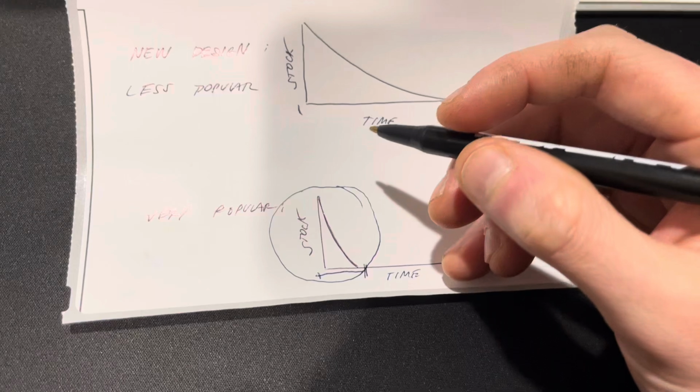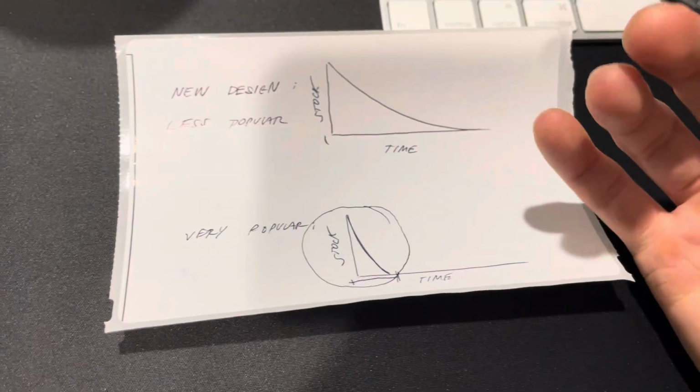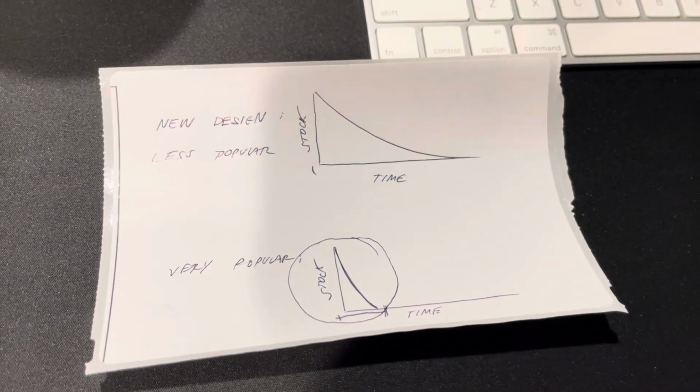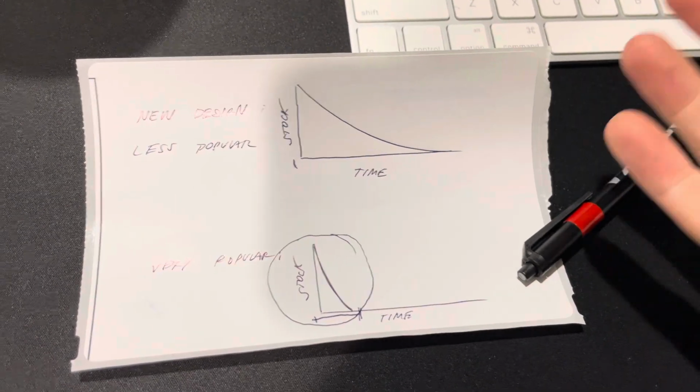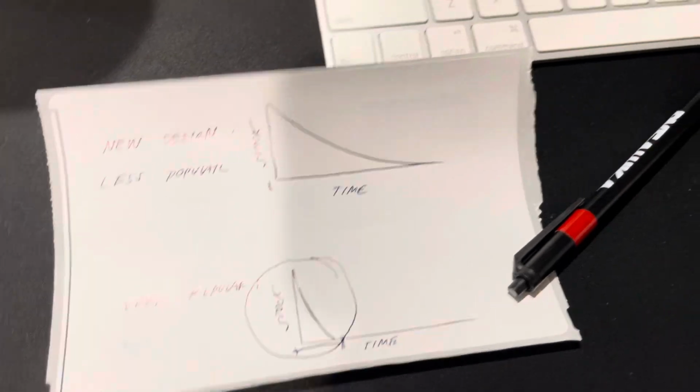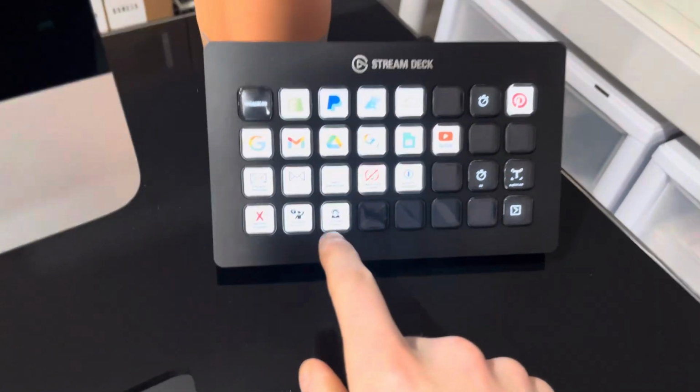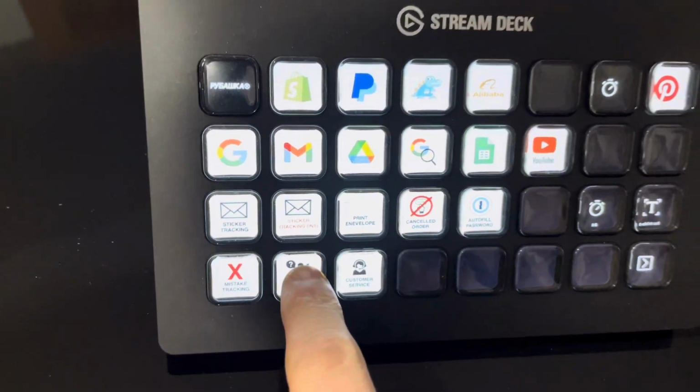And what you can do for that, I think I've mentioned this in a video before, but I never made a video about it. You can set up a system to record all of your customer requests for specific products. And that's what I have right here. So here's my Stream Deck, and I have a special button I made right here called Customer Requests.